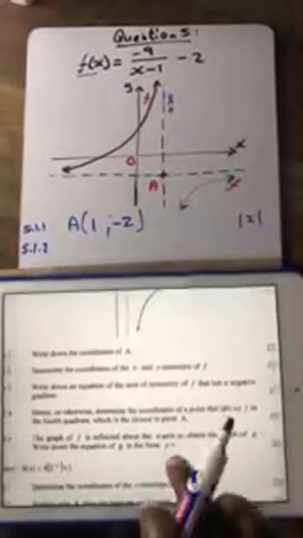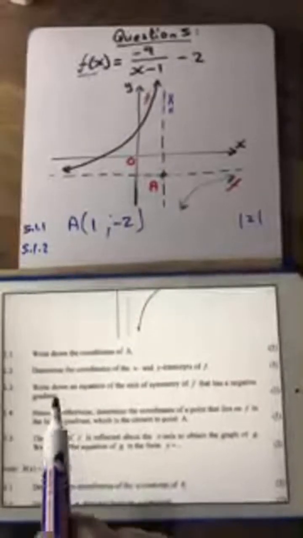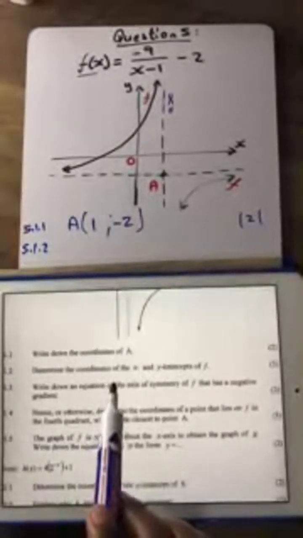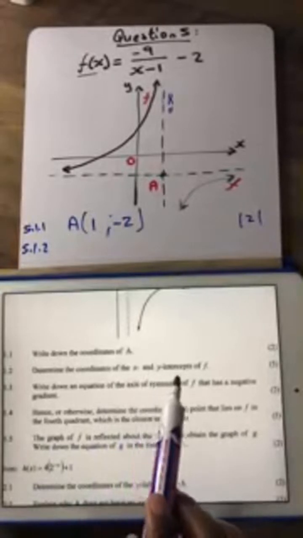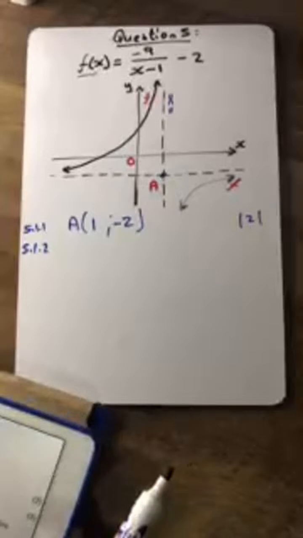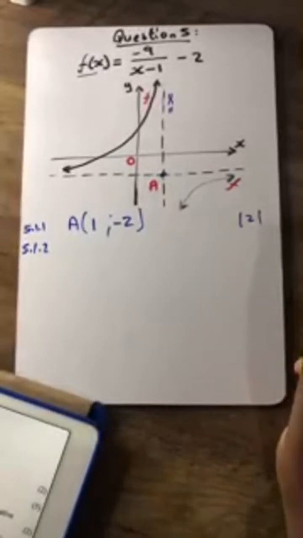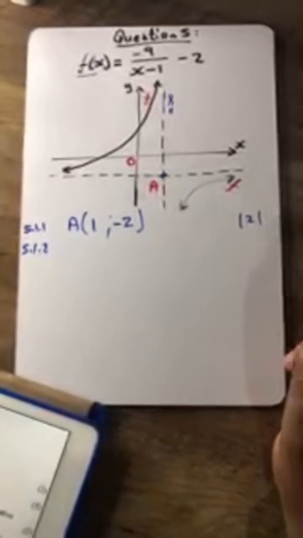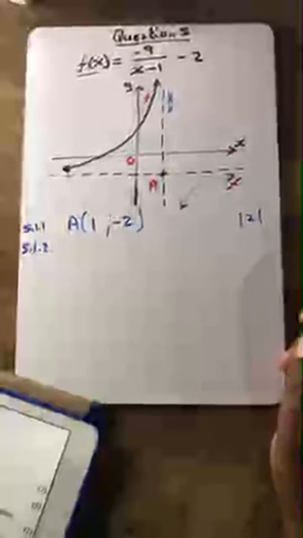So let's see. They say determine the coordinates of x and y intercepts. Very much important, honorable members. They are talking about the intercept. Not just the intercepts, but the x and y intercepts.